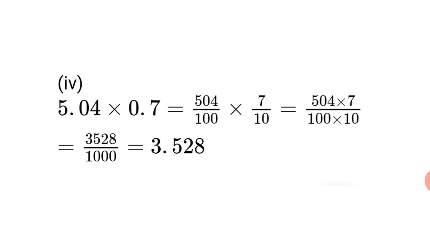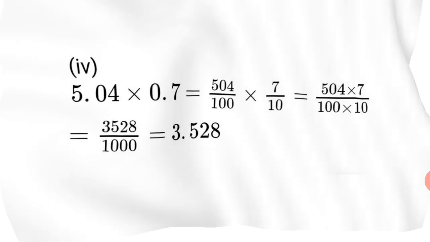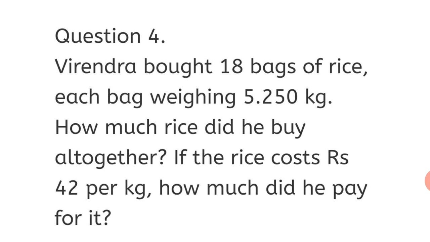Now let's move on to question number 4, which is a word problem. Virendra bought 18 bags of rice, each bag weighing 5.250 kg. How much rice did he buy altogether?